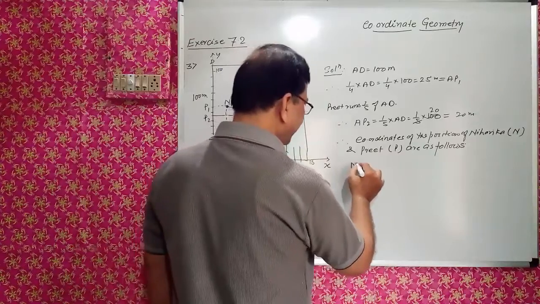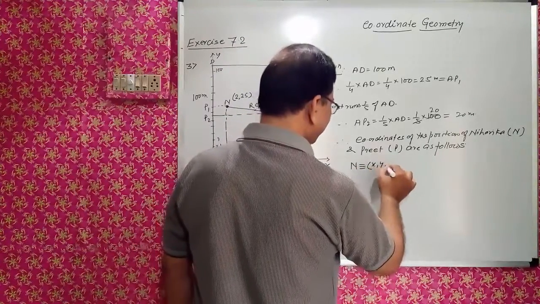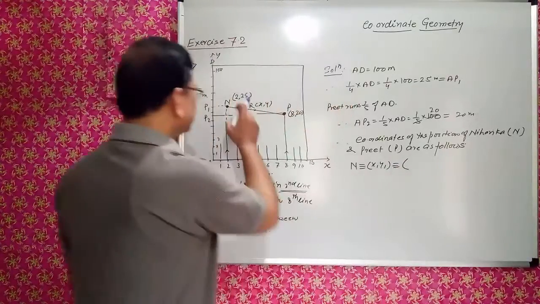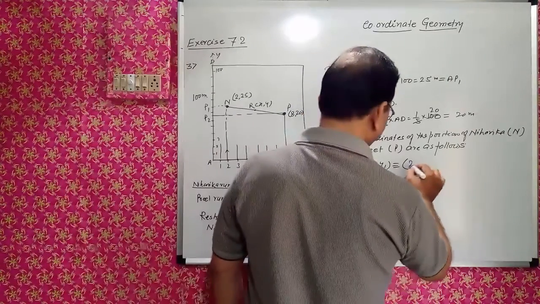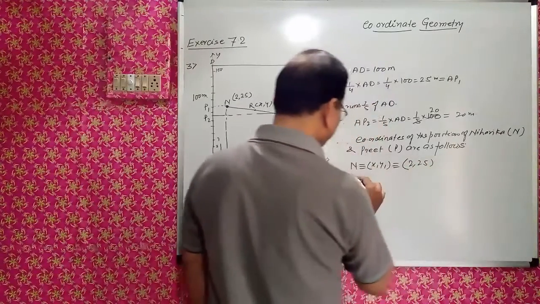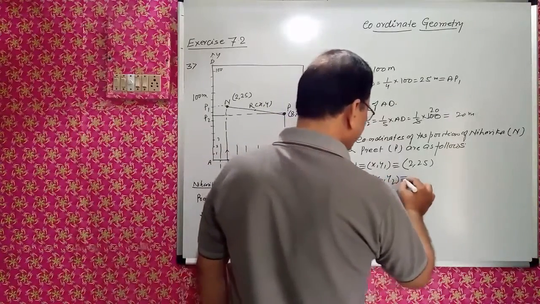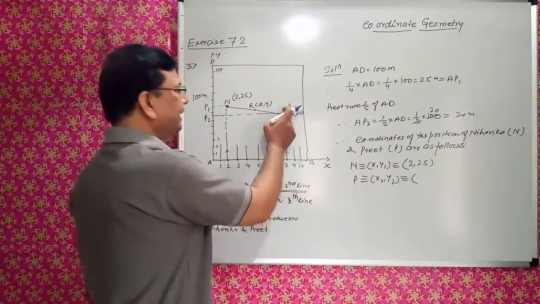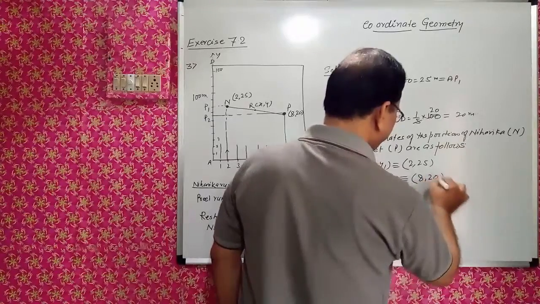So for N, suppose it is x1, y1, that is how much? 2, here it is 25. And for P, suppose it is x2, y2, this is how much? Along this it is 8, along this it is 20, so 8 and 20.